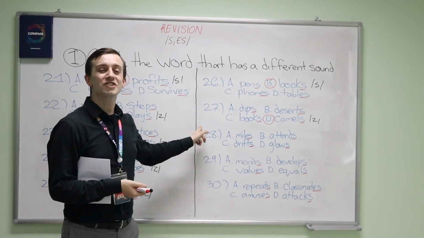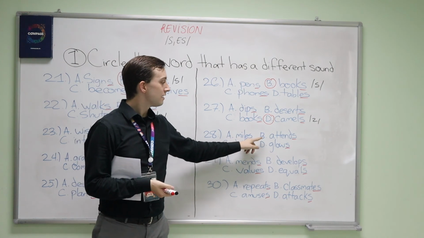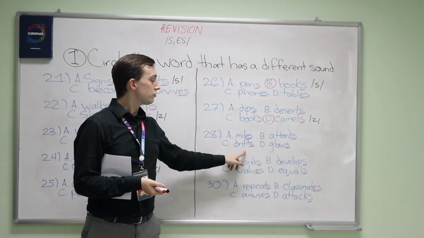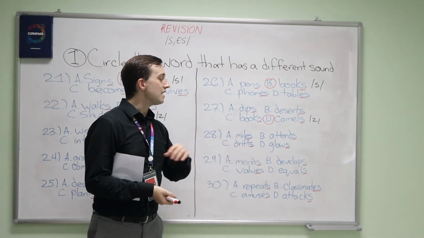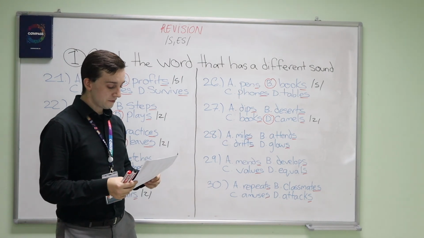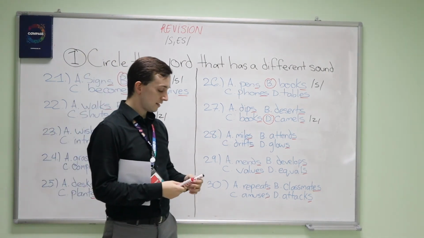Now we will do question 28. A is miles, B, attends, C, drifts, and D, glows. 28, the different sound word is C, drifts.